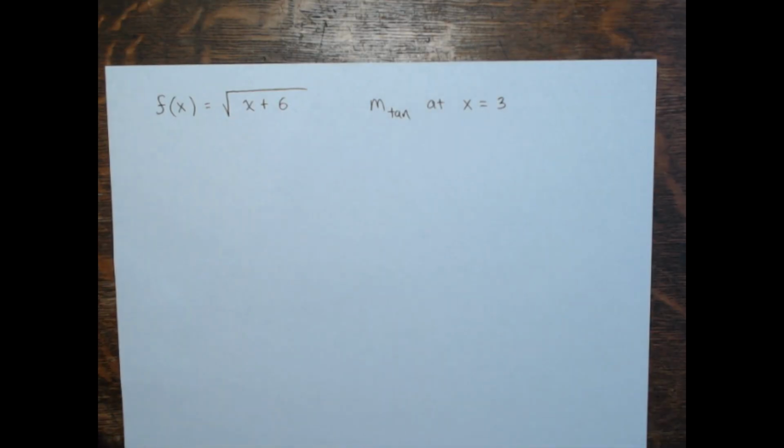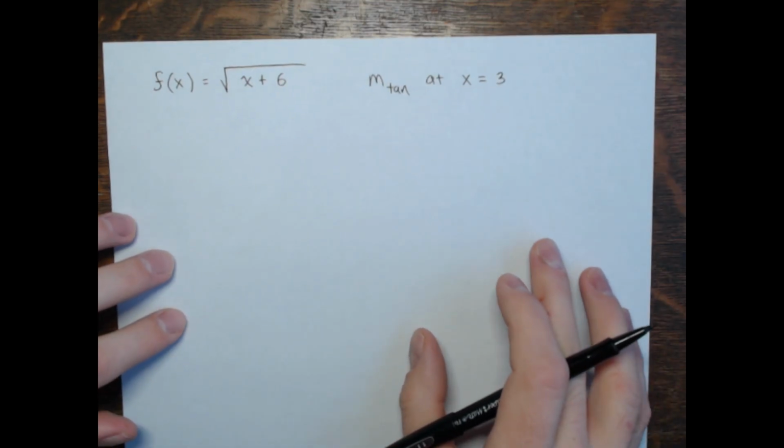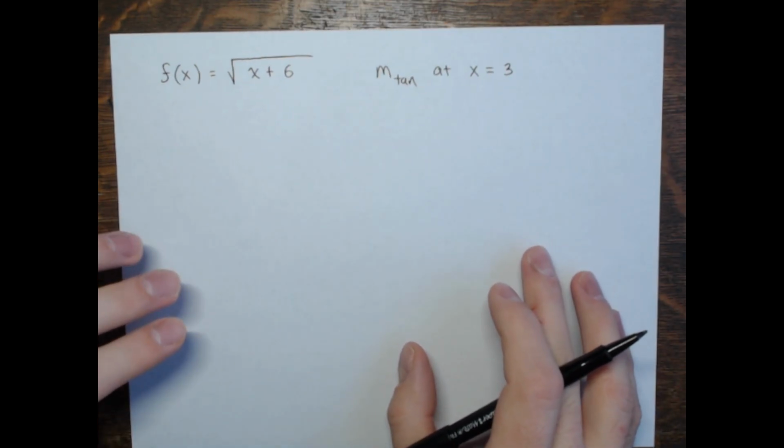This time again, I will not make a graph. I've done a bunch of problems already where I made a graph. A graph will just tell you if the slope should be positive or 0 or negative.